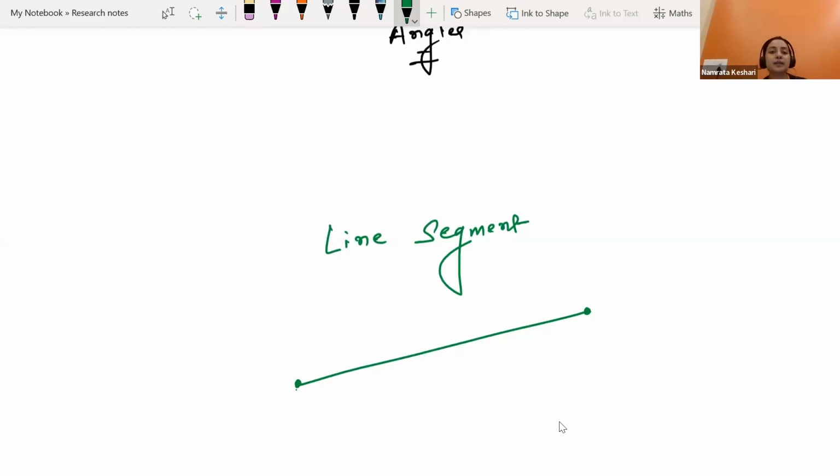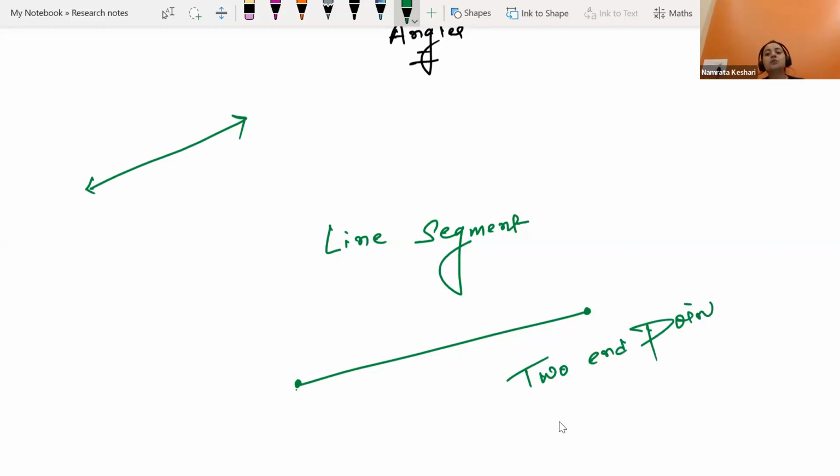That's called a line segment. A line is something we can extend from both directions, however a line segment is just a part of the line having two end points.